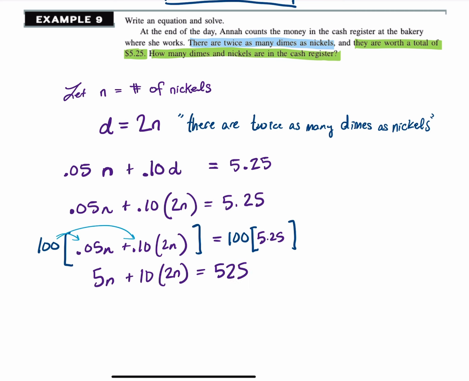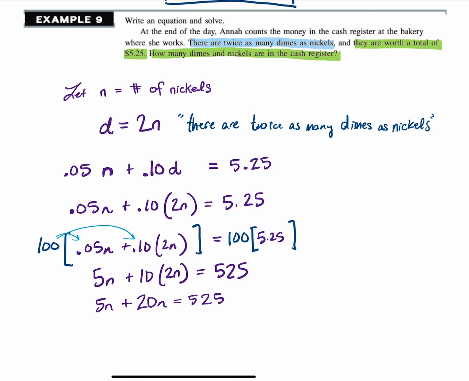If you're okay working with the decimals, you're definitely free to do that. But the text likes to show this strategy of clearing out the decimals. That can make it easier, especially if you can't use a calculator. So let's continue solving. We have 5n. 10 times 2 is 20, so that'll become 20n, and this is equal to 525.